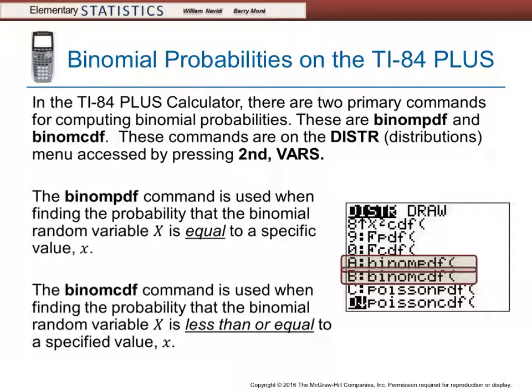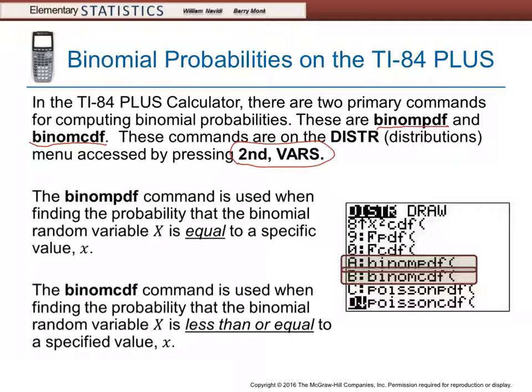So now we just want to review some of the ways to calculate binomial probabilities on the TI-83 and 84. There are two primary commands. One is called binomial PDF, and the other one is binomial CDF. These commands are on the distribution menu, accessed by pressing second vars.